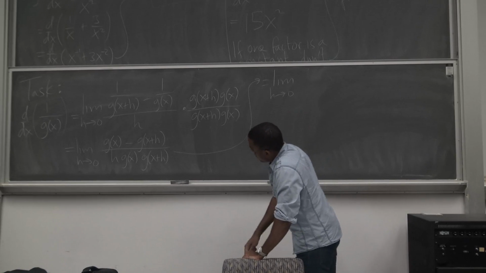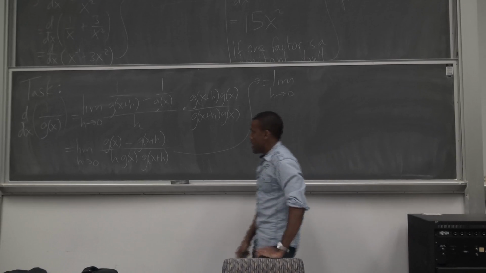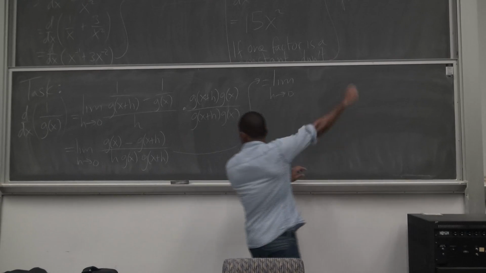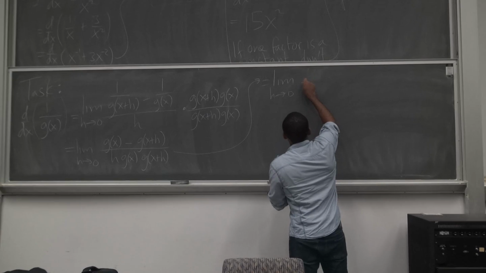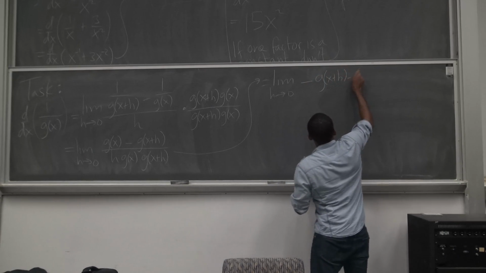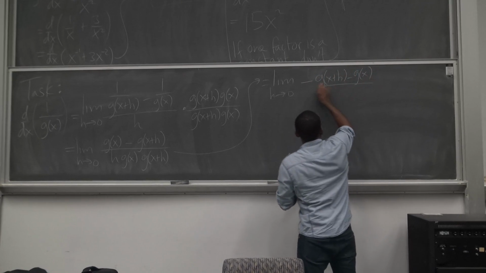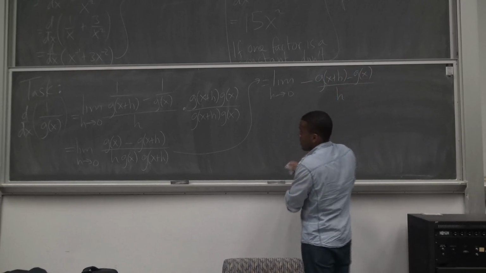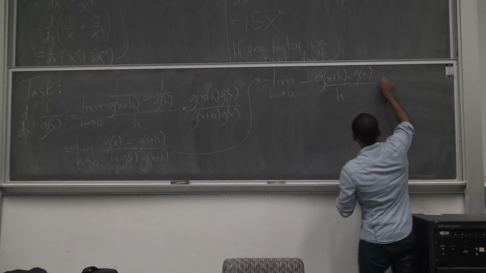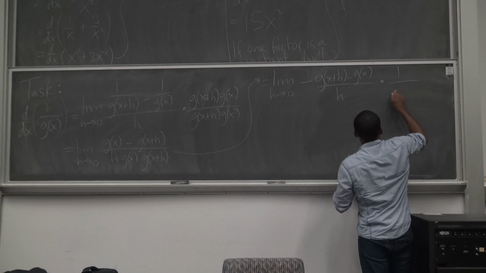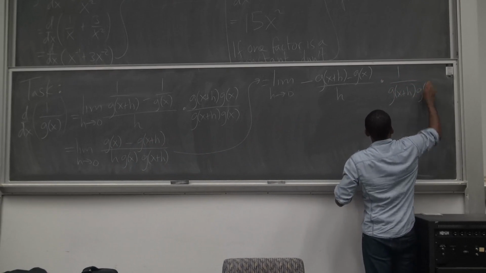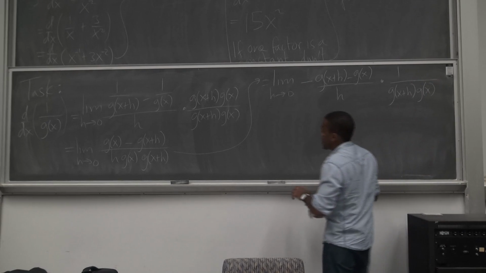Now notice how I'm going to rewrite this. I can factor out a negative sign to turn this around and factor the h off. And then I would have here... so I kind of factor off the denominator.